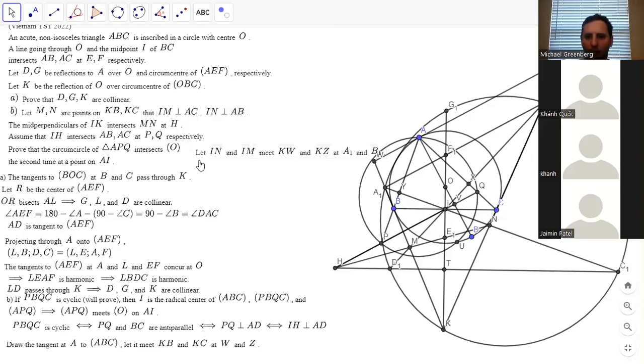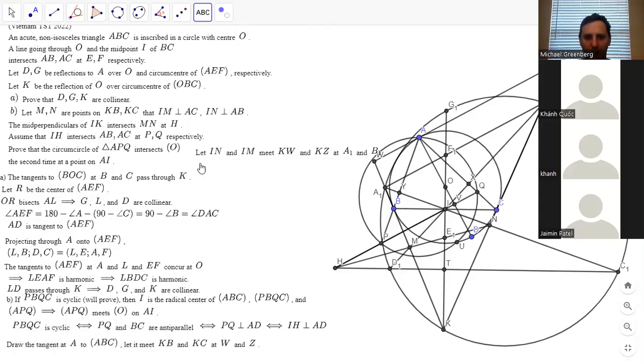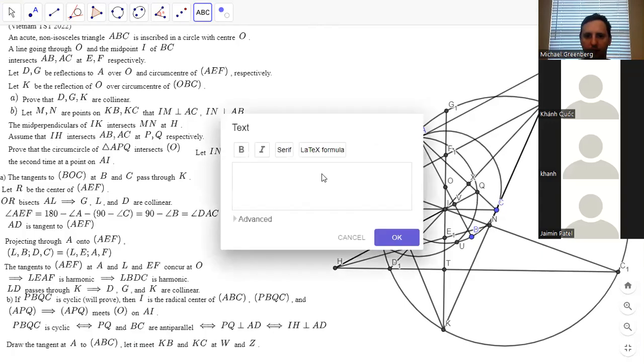So then we have I is the incenter of, so O is the incenter of, I'll just say, yeah, I'm just going to shorten everything here. So O is the incenter of KWZ.